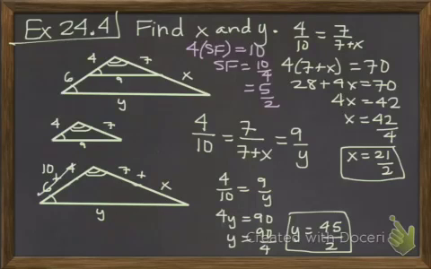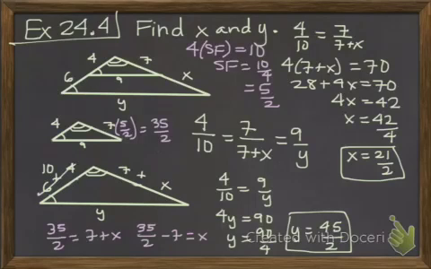So the way that you would solve that is we would take 7 times 5 halves, and we get 35 halves, but you have to be careful because that is going to be equal to 7 plus x. So if 35 halves equals 7 plus x, we have to subtract 7, so 21 halves is actually equal to x. Using the scale factor with 9 times 5 halves gives us 45 halves, and that's a simple solution.